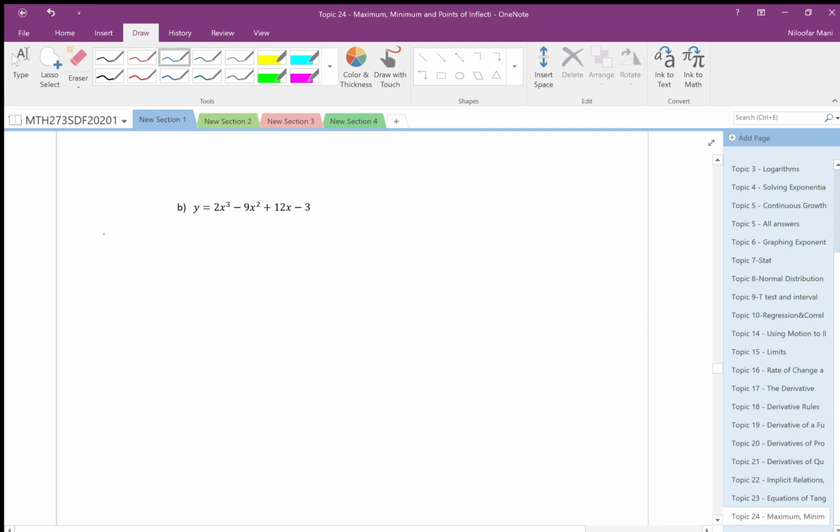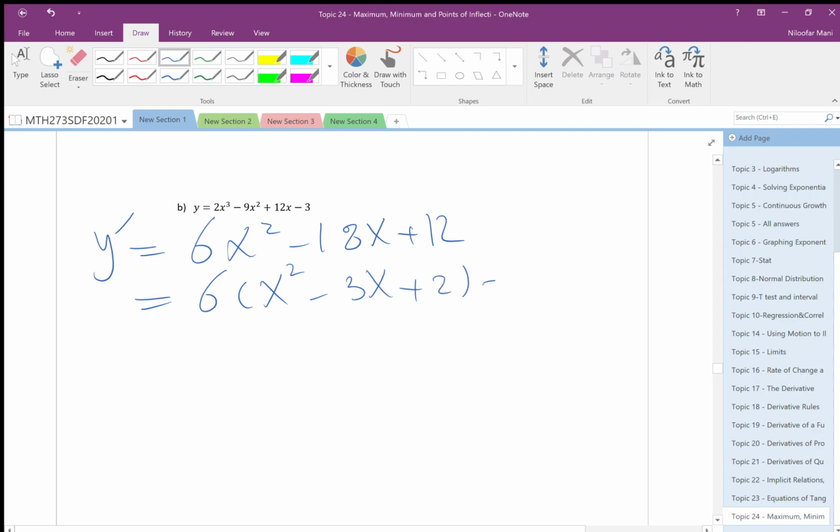Okay, so y prime is 6x squared minus 18x plus 12, which is 6 times x squared minus 3x plus 2, equals 0. Remember, I'm not forgetting this, because many times I ask a student to simplify or factor, they just remove 6.